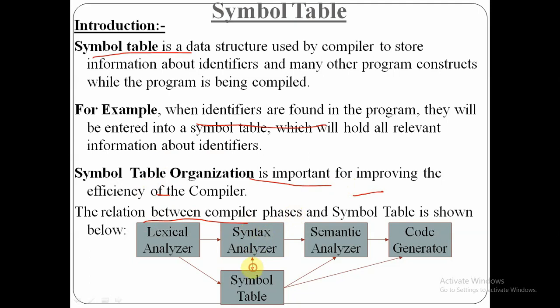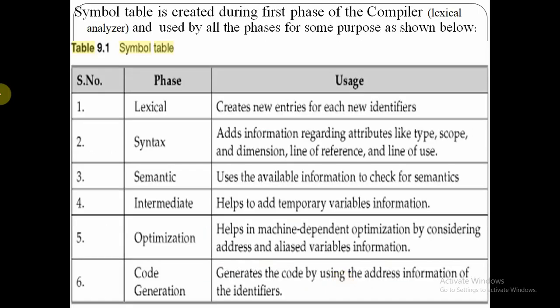The symbol table will be used by all the phases of the compiler: lexical analyzer, syntax analyzer, semantic analyzer, intermediate code generator, code optimizer, and finally code generator. The symbol table is created during the first phase of the compiler and will be used by all the phases for some purpose, as shown below.